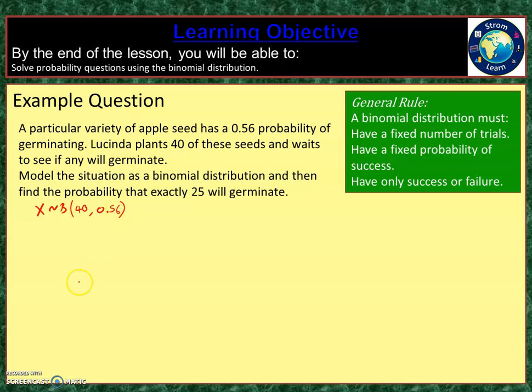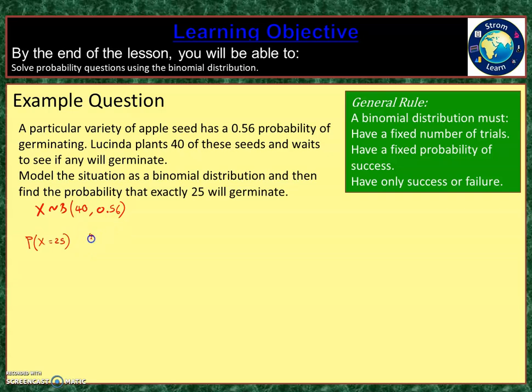It's 40 trials with the 0.56 probability of success. Model the situation as a binomial distribution, which we've done, and then find the probability that exactly 25 will germinate. So we're going to look at the probability that X is 25.